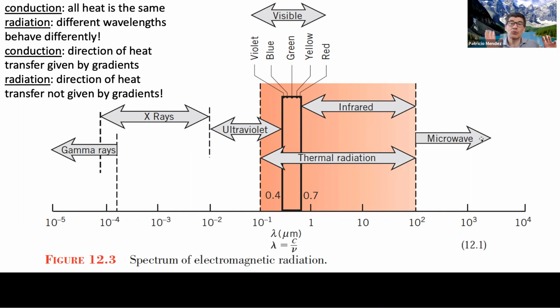Now, if we go to shorter and shorter wavelengths, we go from the visible to the ultraviolet. And if it is shorter and shorter, we get X-rays or gamma rays, right? Very short. The relationship between wavelength and frequency is given by the speed of light. Short wavelengths or high frequencies carry very high amounts of energy.